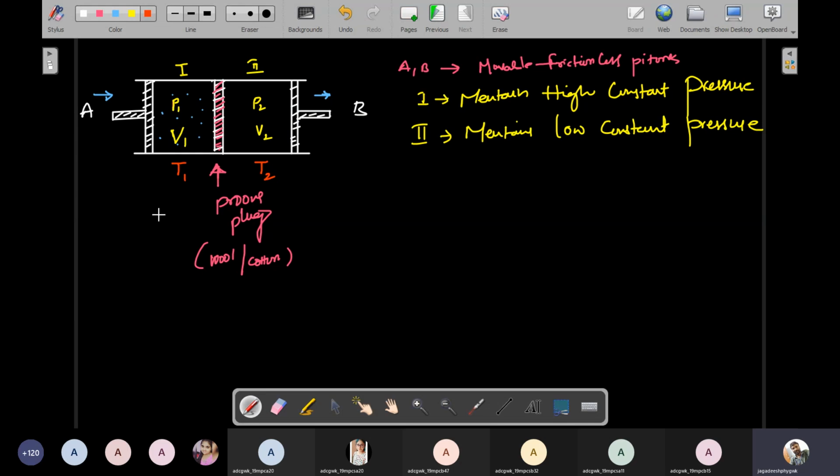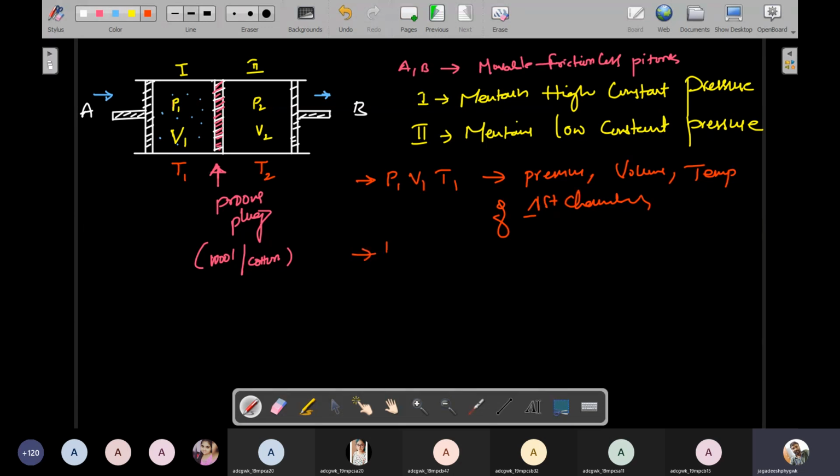Let P1, V1, T1 be the pressure, volume and temperature of the first chamber, and similarly P2, V2, T2 be the pressure, volume and temperature of the second chamber.